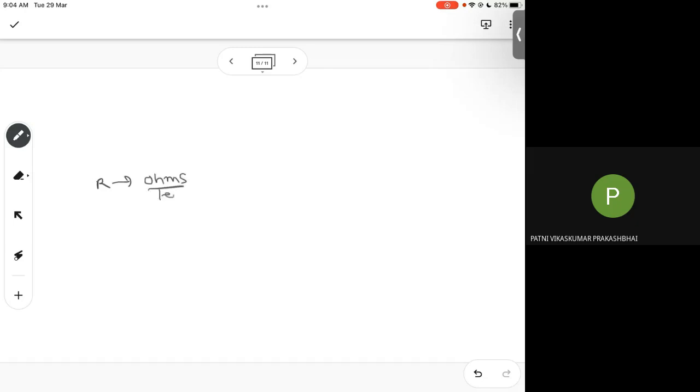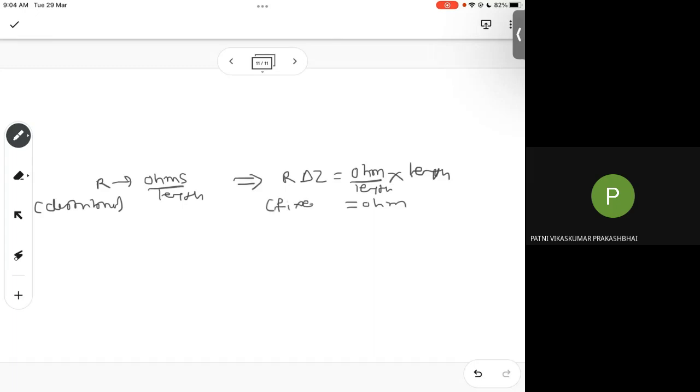Just to give an example, earlier it was distributed, now I made it a lumped value, R delta Z. So your unit becomes ohms per unit length times length, and that means it is ohms. So it becomes a fixed value, or lumped value. Now that means I can apply my KVL, KCL, and so on.